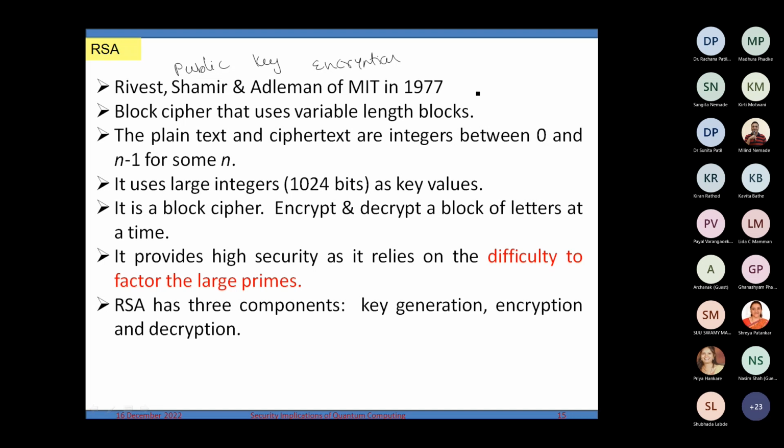Number one, it is also a block cipher, that means it processes the plain text in terms of blocks. And it uses a key length of 1024 bit and more. That means it is providing a larger key space. Of course, there were smaller key spaces, but they were found to be vulnerable.